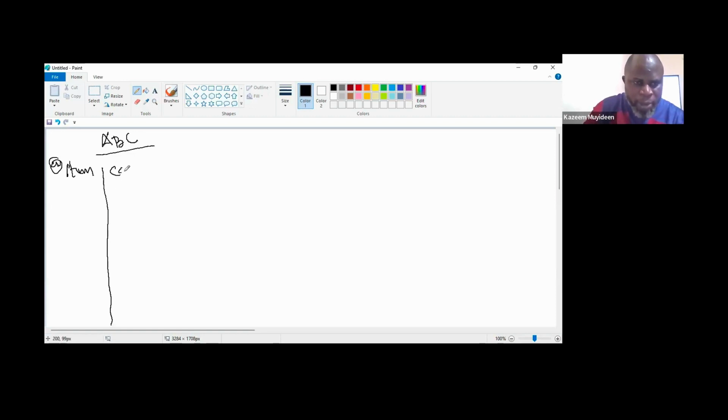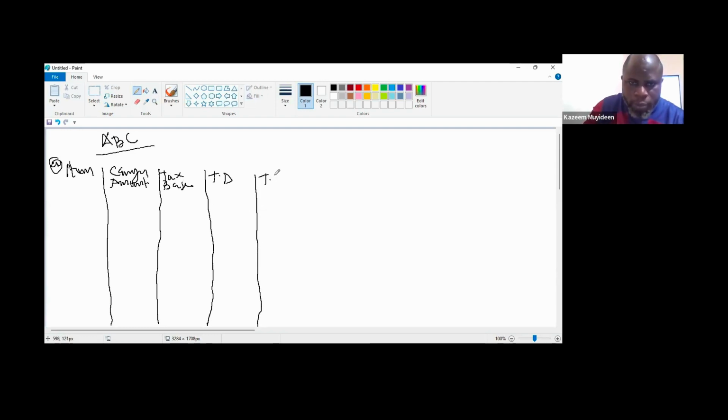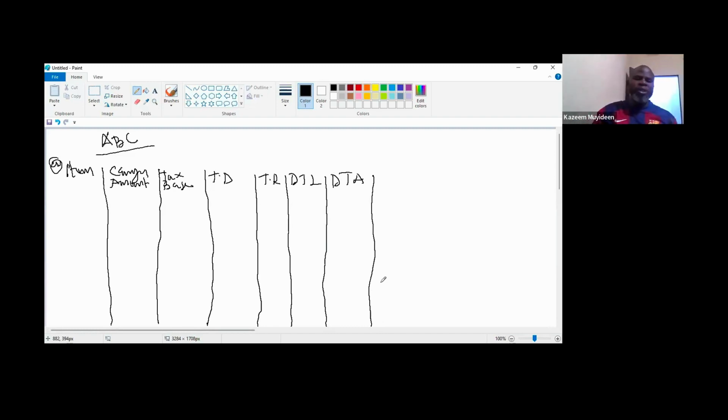I will put items, carrying amount, tax base, the temporary difference, what is the tax rate, deferred tax liability, deferred tax assets. Good. This is the first requirement.